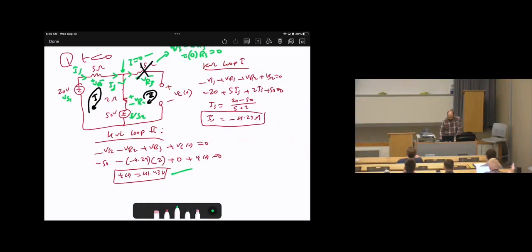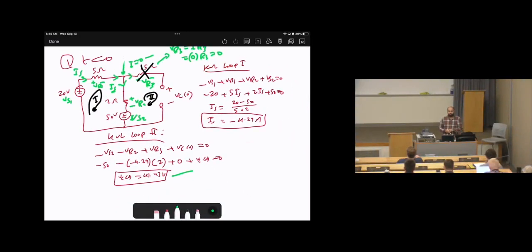Yes. That whole loop doesn't have any current. Even if there's an open path, there's still a voltage, that's fine. An open path does not mean there is no voltage. For example, with a multimeter at the wall outlet, you will read a voltage, but there is no current. Okay, any question?